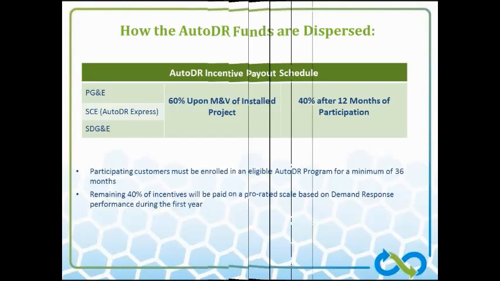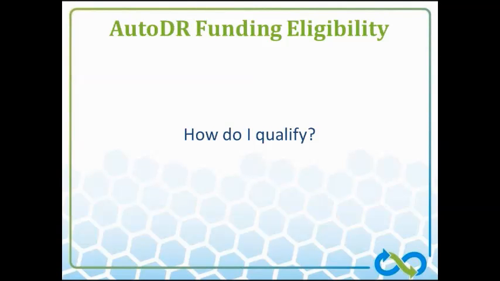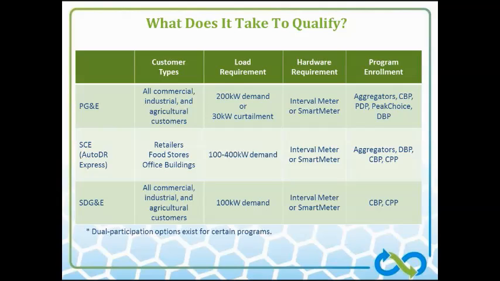So how do you qualify for these dollars is pretty simple. Essentially, all that you need to do is enroll in an AutoDR qualified program. So in PG&E, all customers, industrial, commercial, agricultural, qualify.